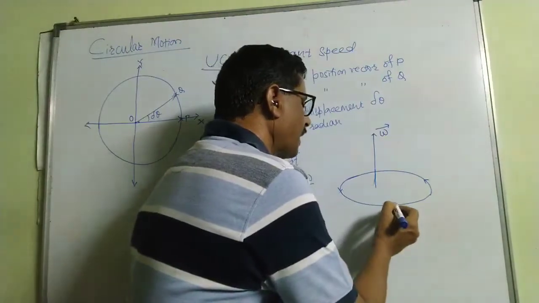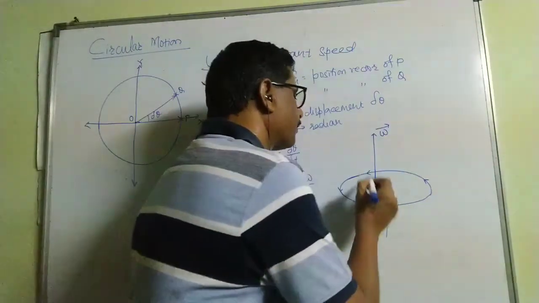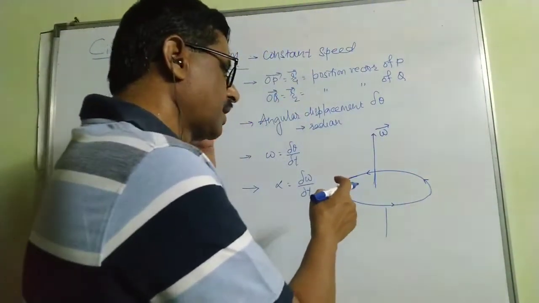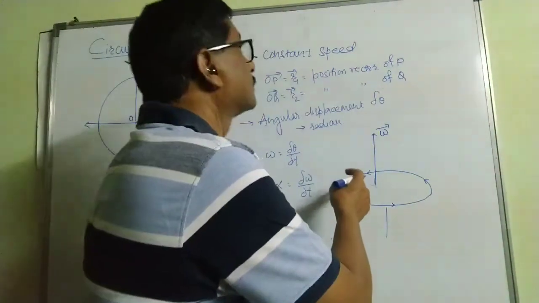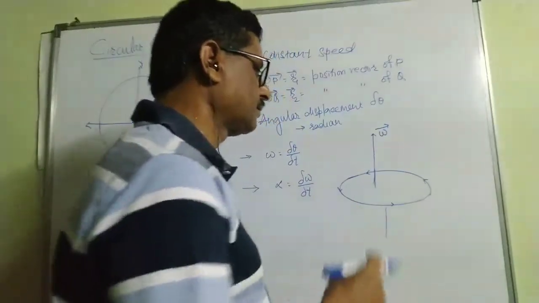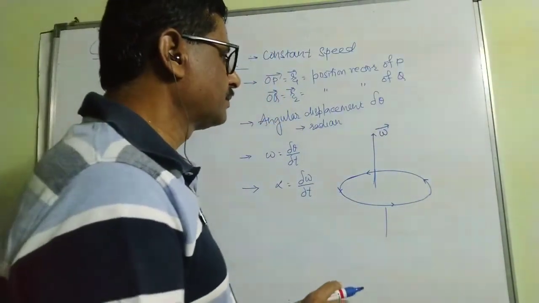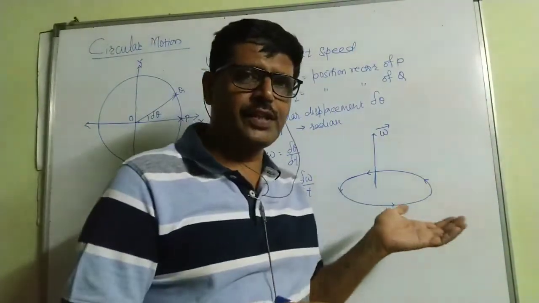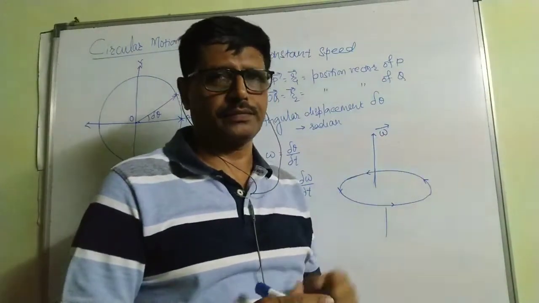Let the particle perform circular motion in an anti-clockwise direction, then angular velocity is in an upward direction.